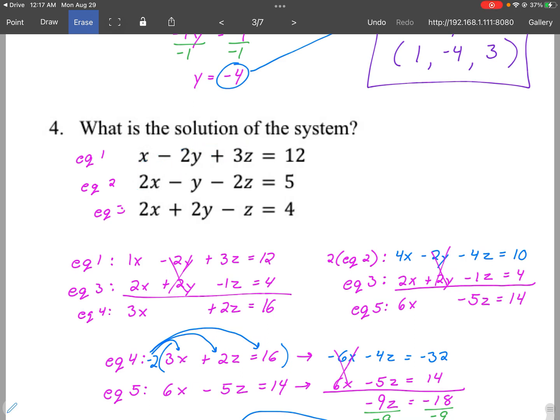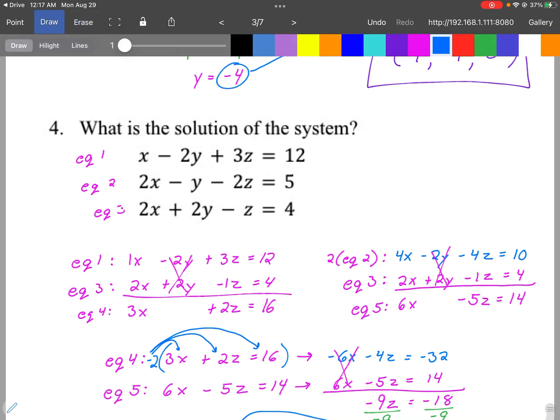So I want to pick one of those three original equations, plug in what I know, and solve for y. Since I'm solving for y, I want to look for the easiest equation. You could say I want to do this one because there's no number in front, but there is a negative, and a lot of us like to avoid the negatives.